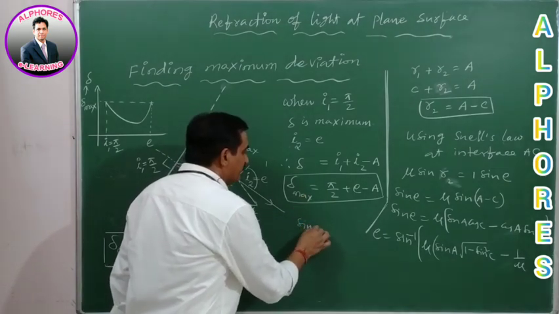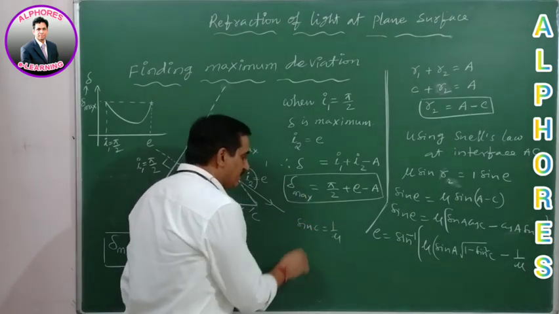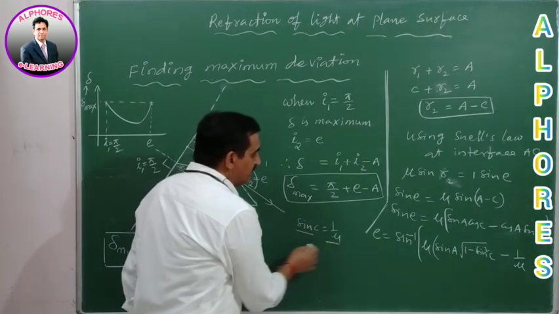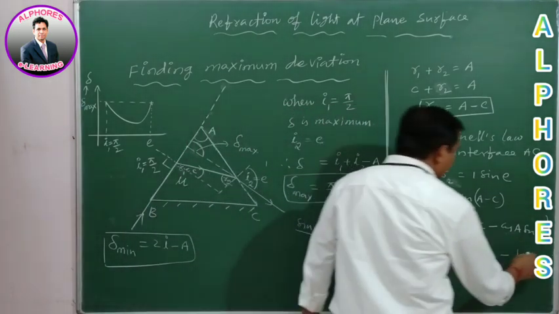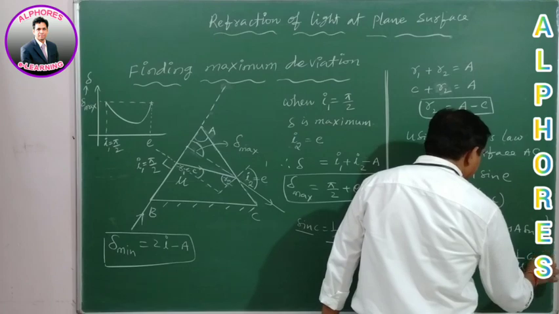So directly we can substitute sine C equal to 1 by mu and cos A.